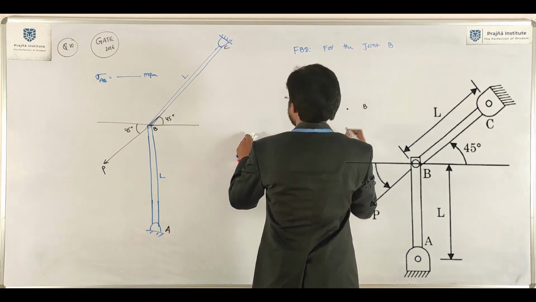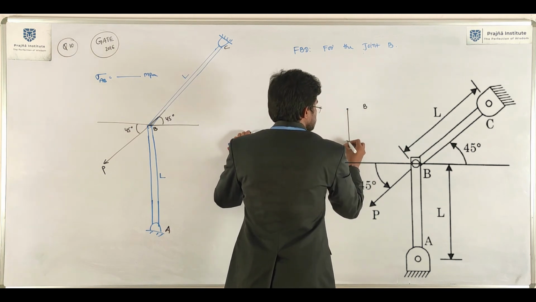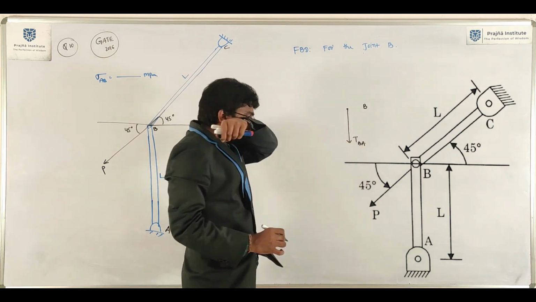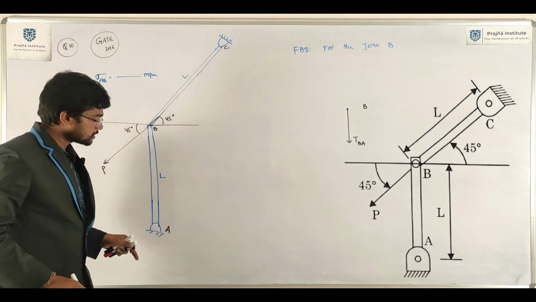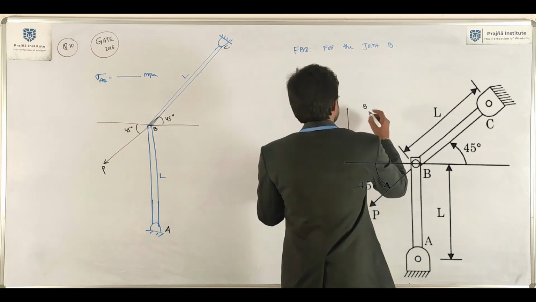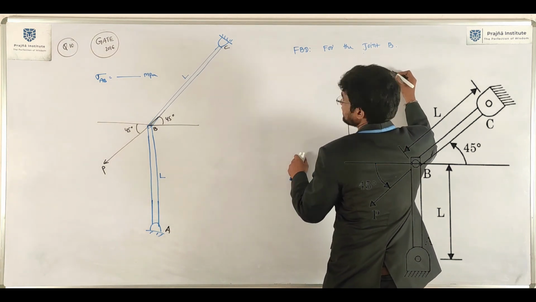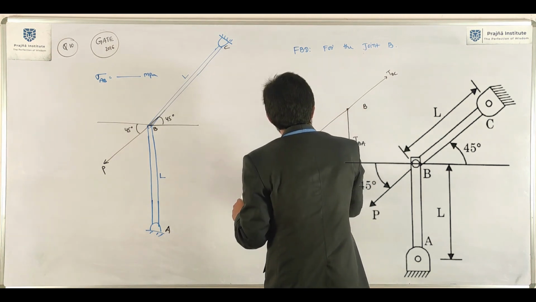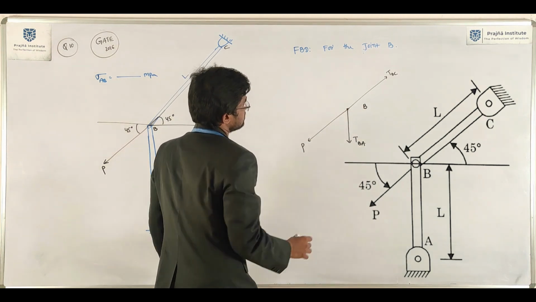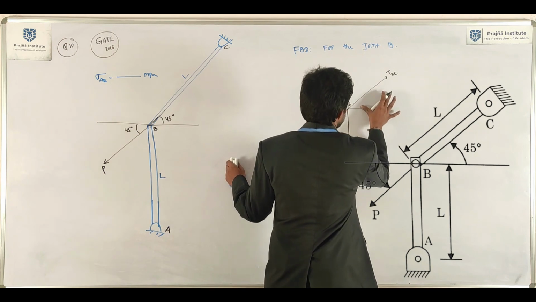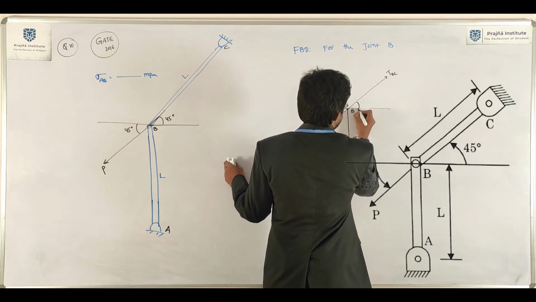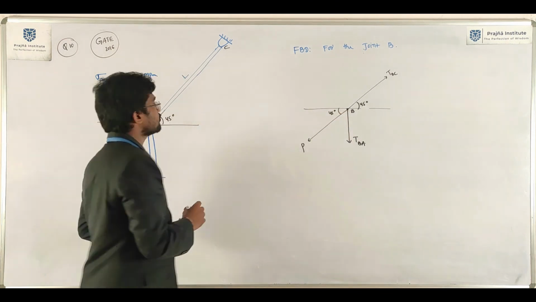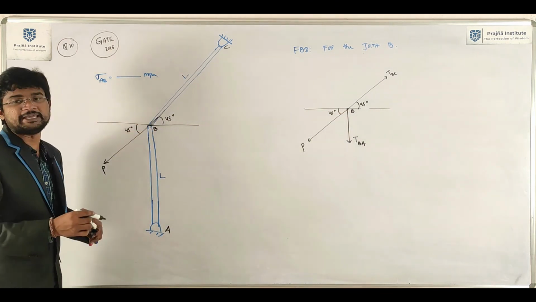It is joint B. Now this will be TBA, the axial load acting on the member BA, and this will be TBC. The load is P actually, at 45 degrees. Is any other force acting at this joint B?